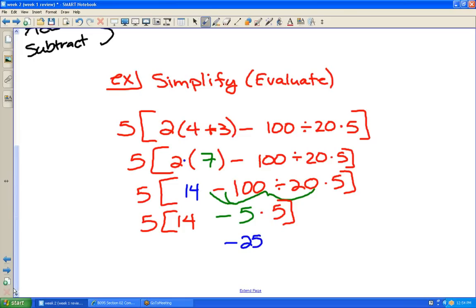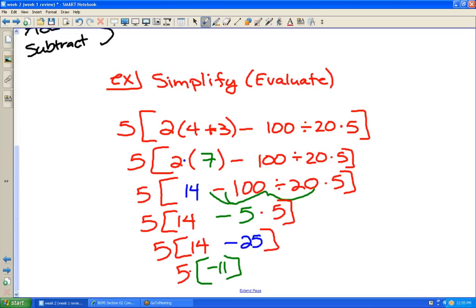And then I write the rest of the problem. Okay. Parentheses, still have to do those brackets. But this time I'm doing 14 minus 25. So it's like I went up 14 steps and then went down 25 from there. So I will be at a negative 11. I'm below ground. I have to keep the brackets because I have stuff attached to it outside.